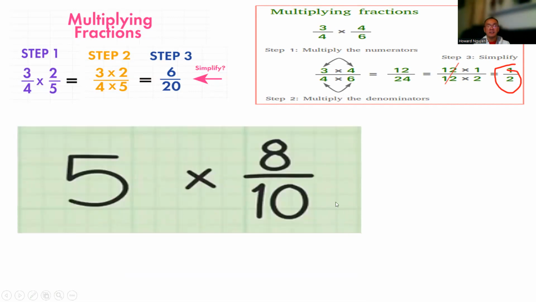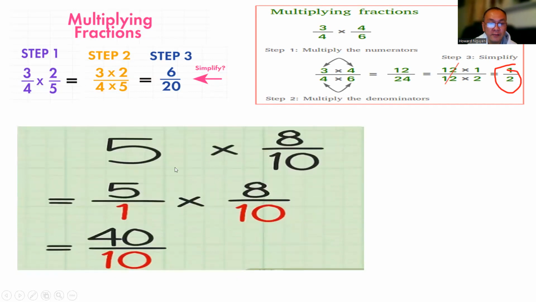So 5 times 8 over 10. If you put 5 times 8 over 10, take 5 over 1. This one is invisible. Times 8 over 10. Take the numerators: 5 times 8, which equals 40.